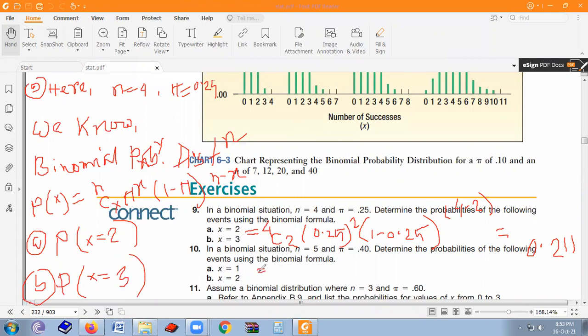So now we have to put the value of x equals 3. So this is 0.25 to the power 3 and 1 minus 0.25 to the power 4 minus 3. Okay.